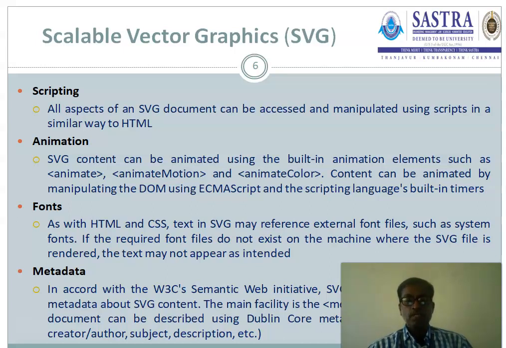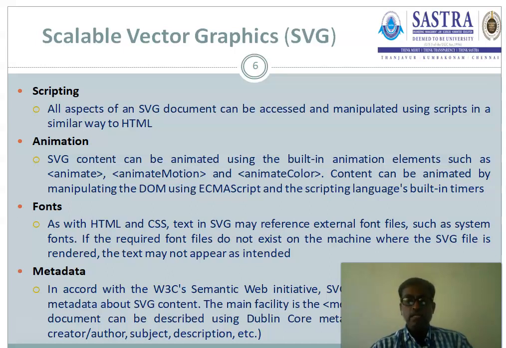But nowadays, when we host any application or store any web document, metadata information is very, very important. It should be utilized by the search engine for providing better results during the searching process. So SVG allows including metadata for SVG content.